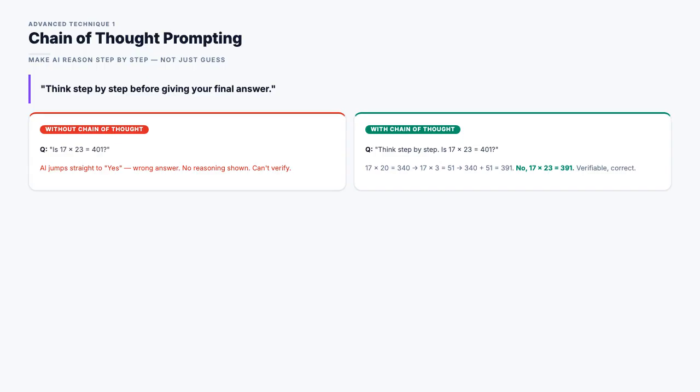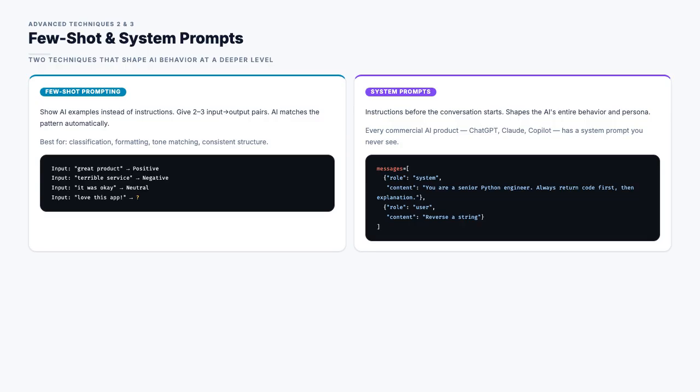This forces the model to reason through the problem instead of pattern matching to a fast but wrong answer. This is especially powerful for math, logic problems, debugging, and any multi-step task. Try it, you'll see the difference immediately.